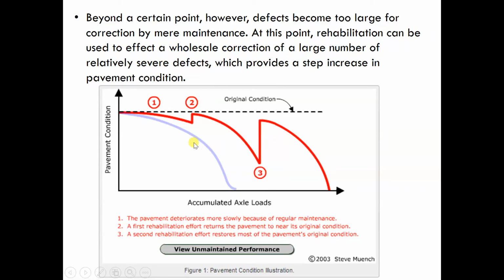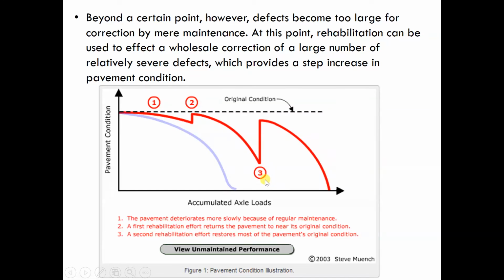It will provide good serviceability for a few more years to go. Then it will go down again. It will continue. The maintenance is still ongoing, patching of the potholes, sealing of the cracks.